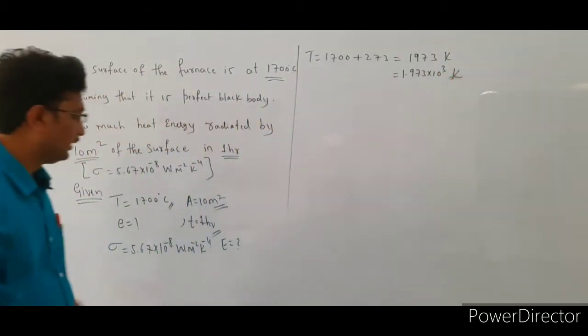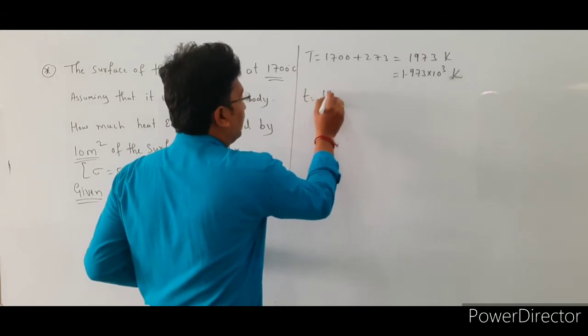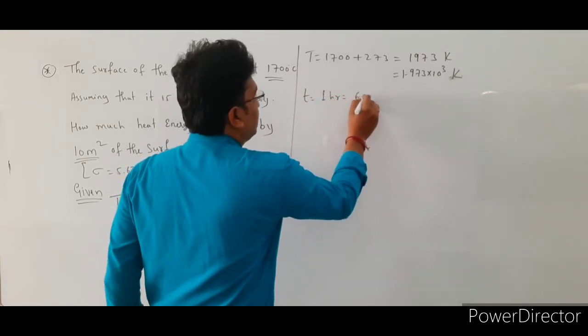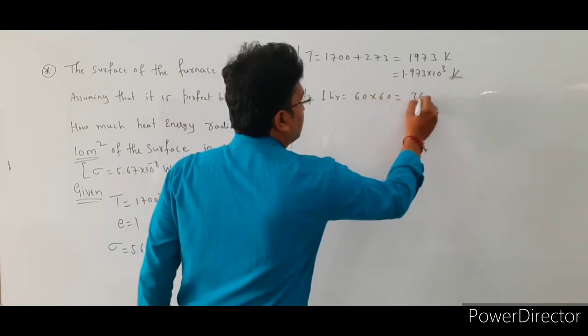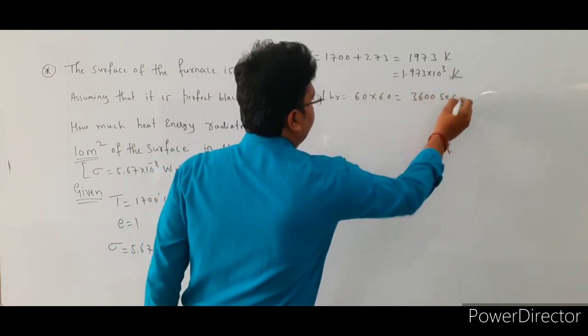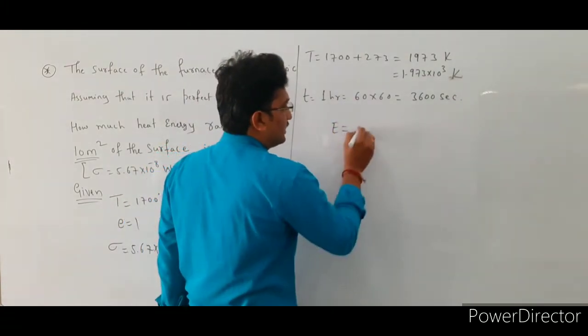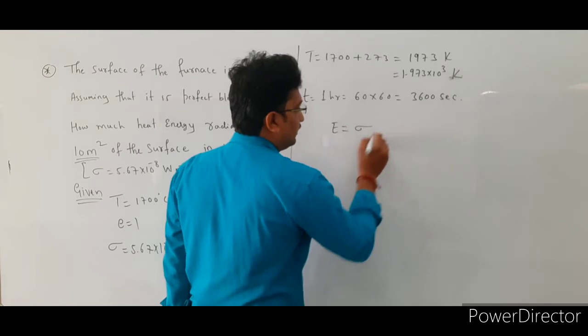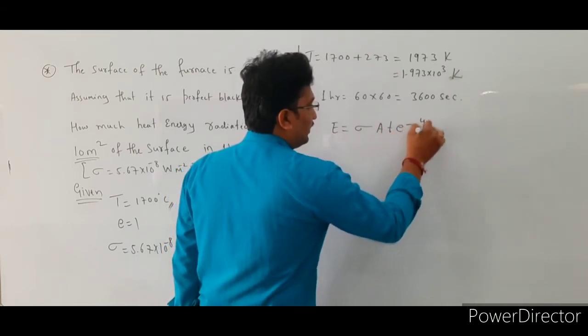Next, convert this time into seconds. So 1 hour means 60 minutes into 60 seconds, that is equal to 3600 seconds. Already we know the formula: energy is equal to sigma into area into time into E into T to the power 4.